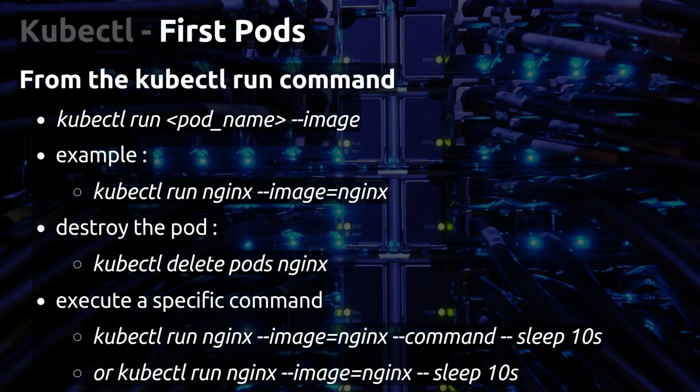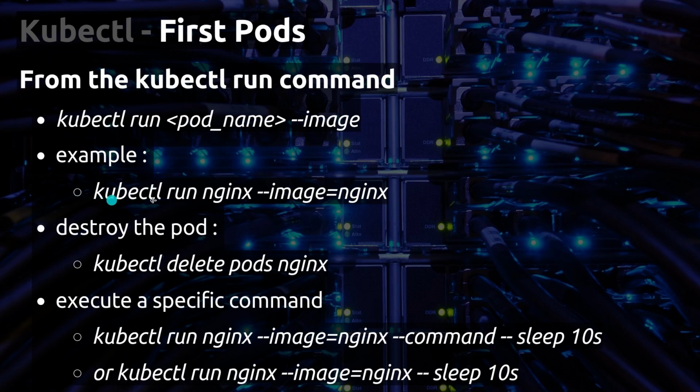Today, we just go through the Kubernetes command line with kubectl to create some pods with kubectl run. kubectl run just takes as an argument the pod name, and after that --image, and you need to specify which image you need to use.